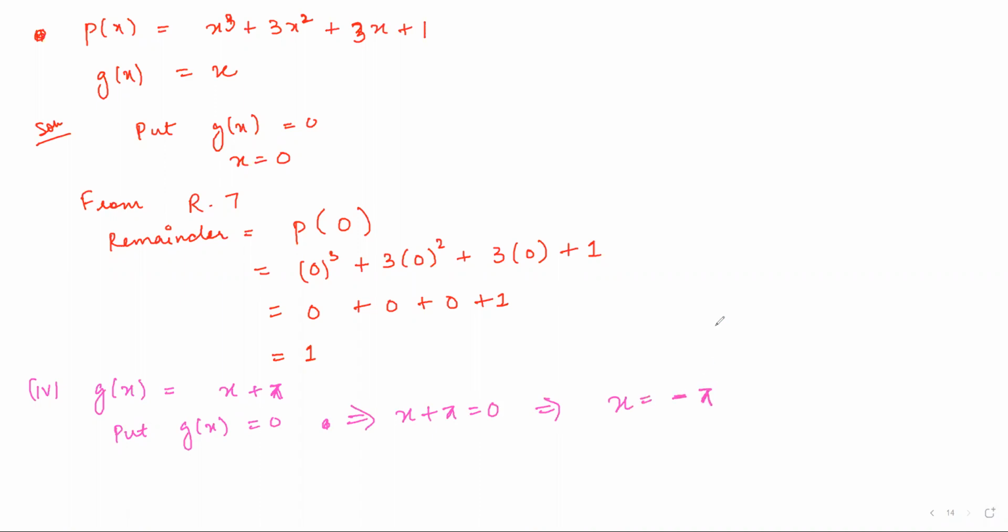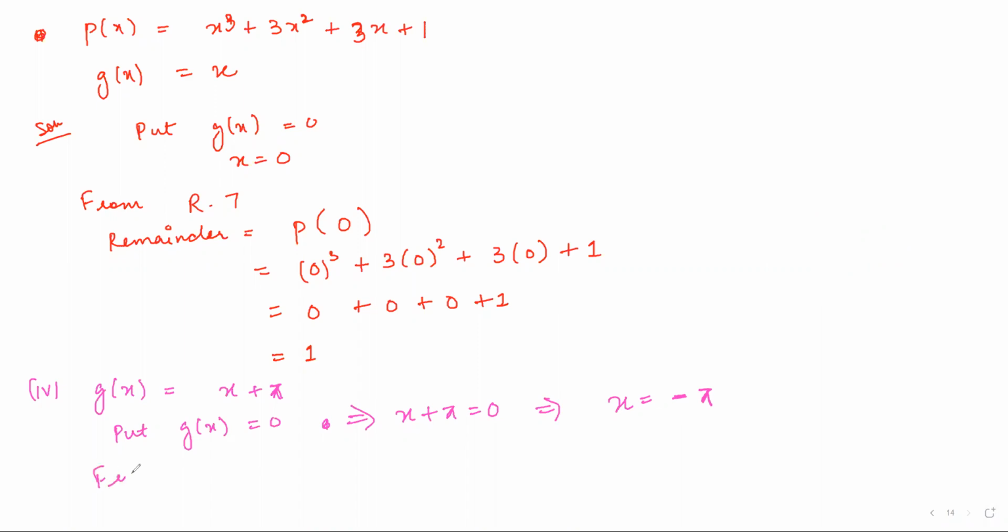Please see. When something is written like this, x minus 5, right? That means you're going to get x is equal to 5, right? If it is written as x plus 5, so you're going to get x is equal to minus of 5. Is that clear? Yes, ma'am. Yeah. So basically at this value you have to find.